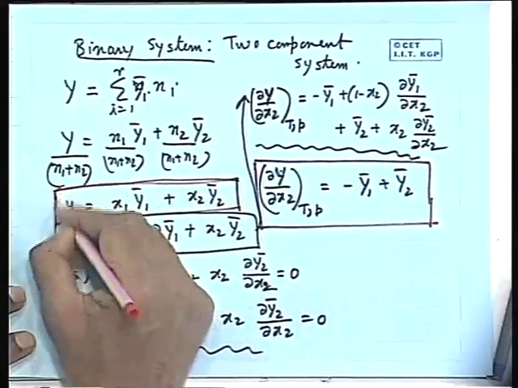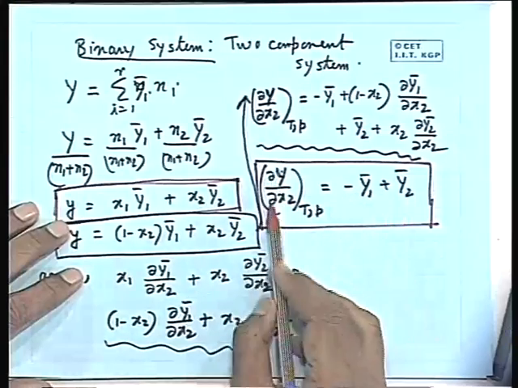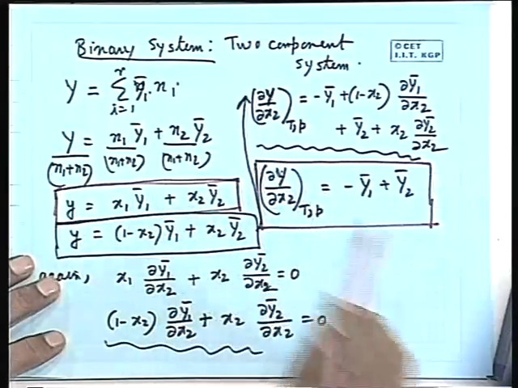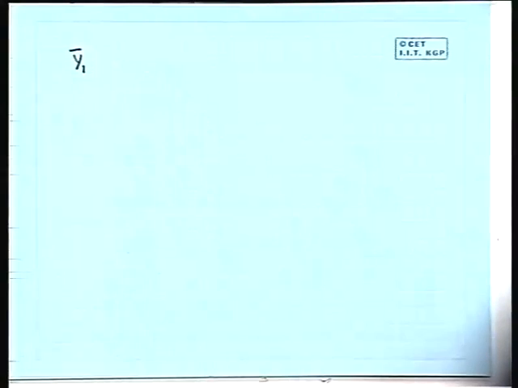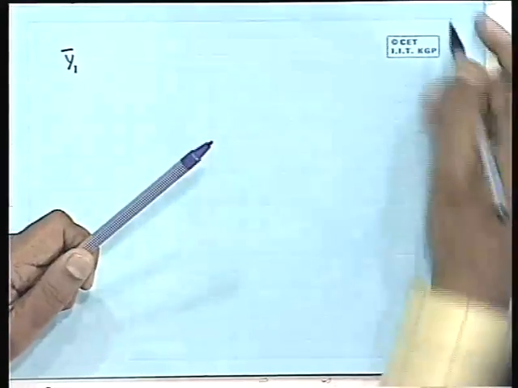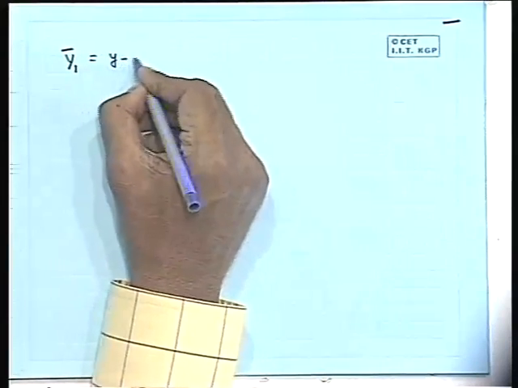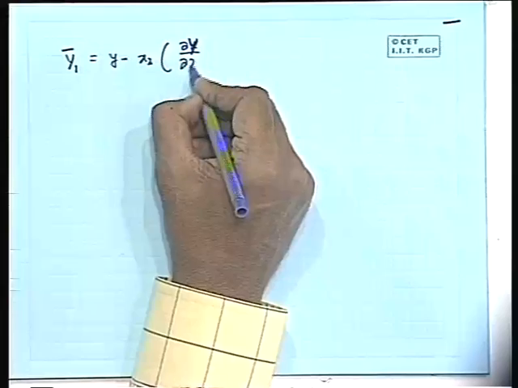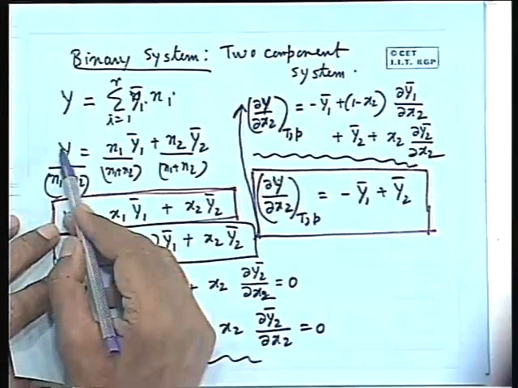Remember these two equations. Y2 bar minus Y1 bar is del y del x2 at T, P, and x1 Y1 bar plus x2 Y2 bar is y. If we solve these two equations for Y1 bar and Y2 bar, for Y1 bar we get y minus x2 del y del x2 at T, P. Here small y is the molar property for the system as a whole, that means Y divided by n1 plus n2.